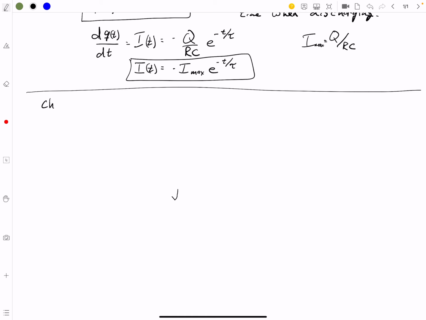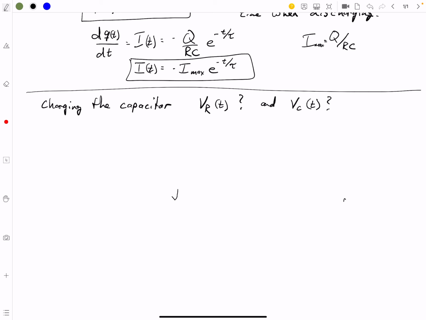So we're back to charging the capacitor, and we definitely want the voltage across the resistor as a function of time. That's a question of ours. And we want the voltage of the capacitor as a function of time. So both of those, we're curious.